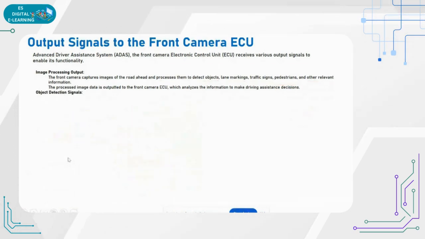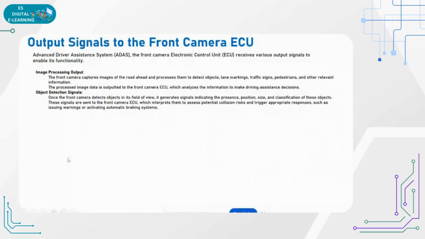And the object detection signal is specifically for when you get a collision or something. Before the collision, it checks whether the object is detectable or not. A car, trees, houses, anything static or dynamic, moving or non-moving, will be detected by the vehicle sensor.